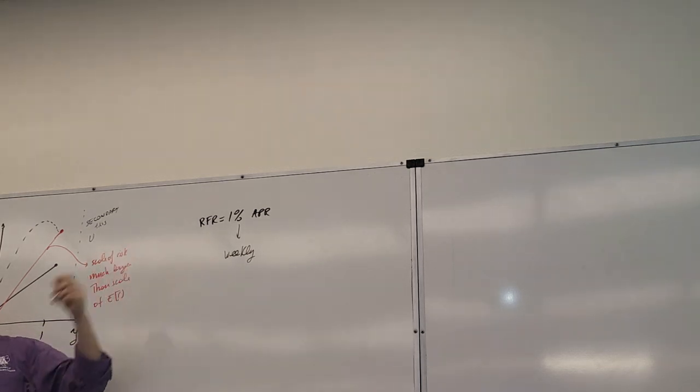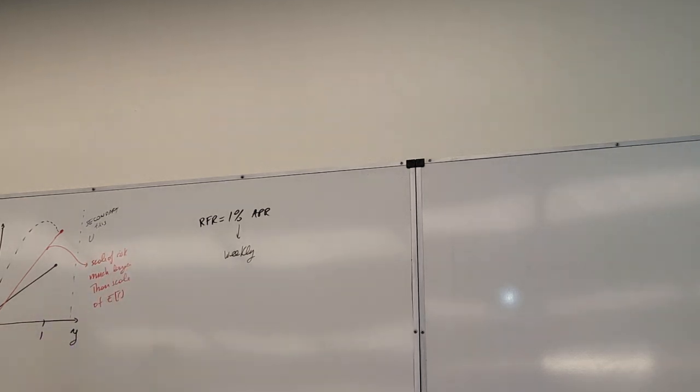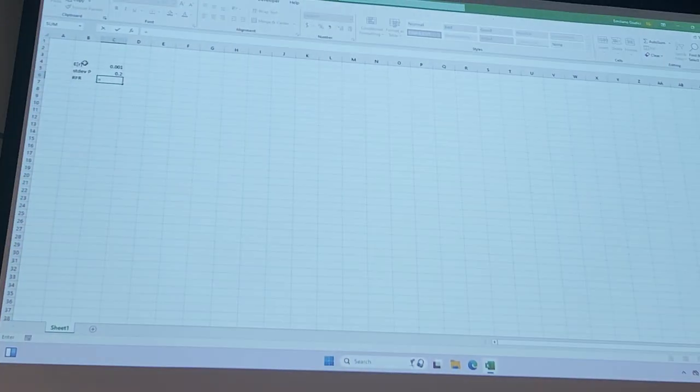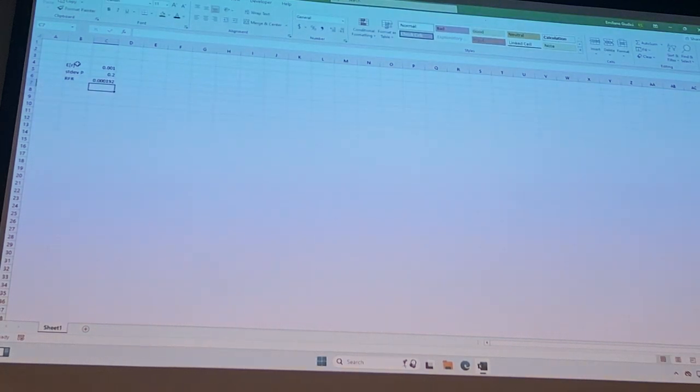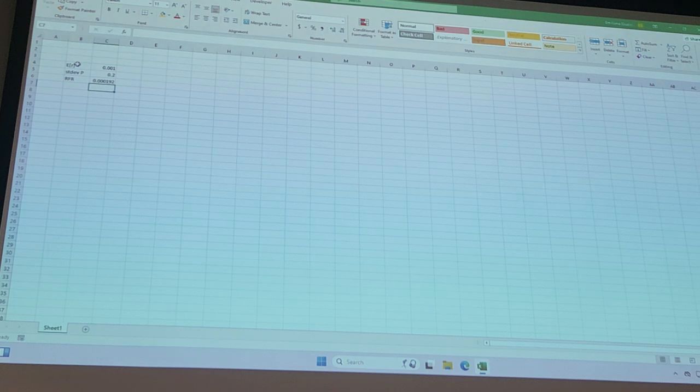So take that number divided by 52. So the risk-free rate is going to be equal to 0.01 divided by 52. Okay, make sure this is an important step, otherwise your plot is going to look like this: this number is going to be up there and this one is going to be lower.